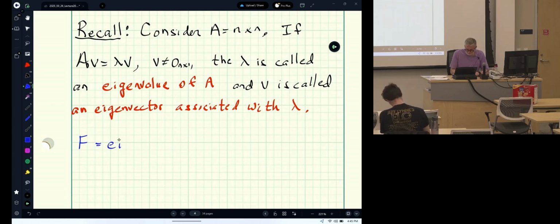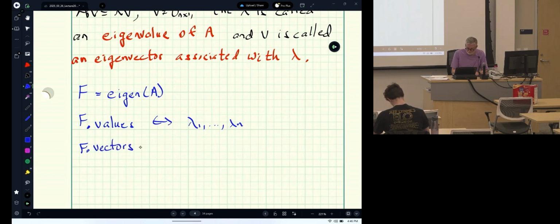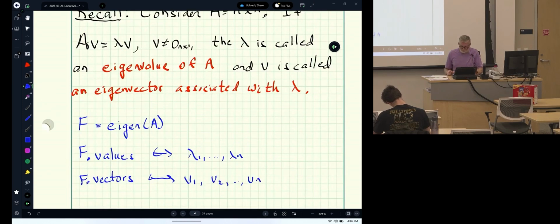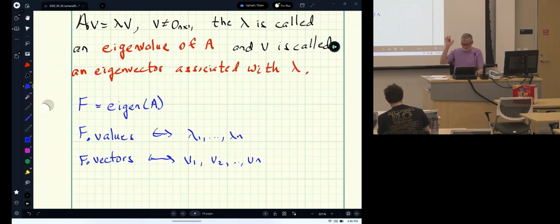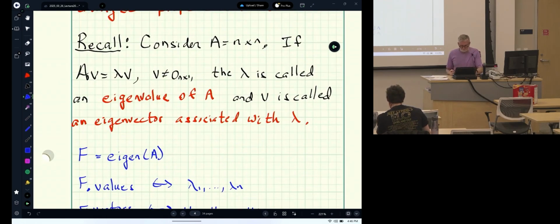We just say F equals eigen of A. Then F dot values will give us lambda 1 through lambda n, and F dot vectors will give us v1, v2, through vn. For a 2 by 2 matrix, or at the limit a 3 by 3 matrix, we can compute eigenvalues and eigenvectors by hand, but it's a fool's errand to do it for anything larger.